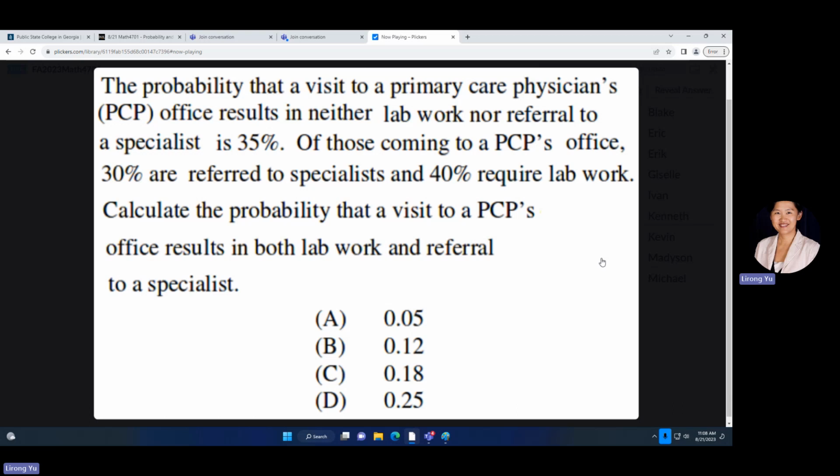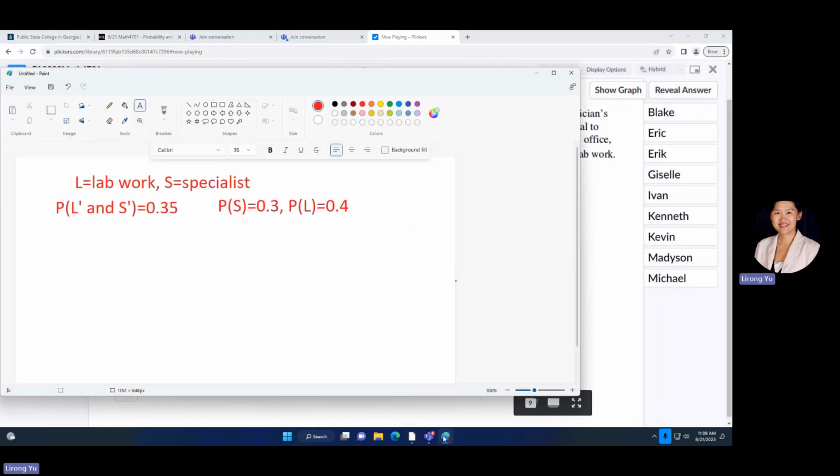This is a joint event. We want to find the probability of L and S, lab work and specialist. So the writing of the question is we want to find P of S and L. It's an and event, not an or event, and this is what we need to calculate.